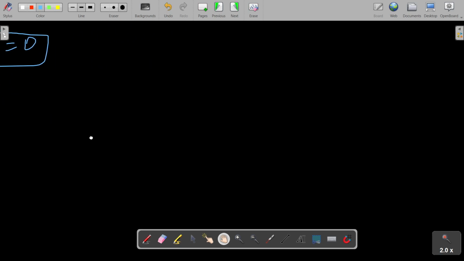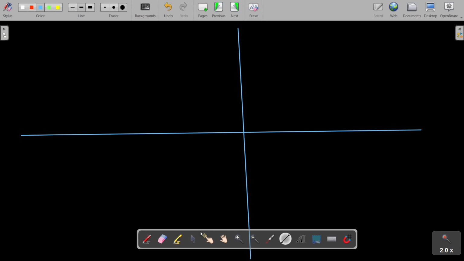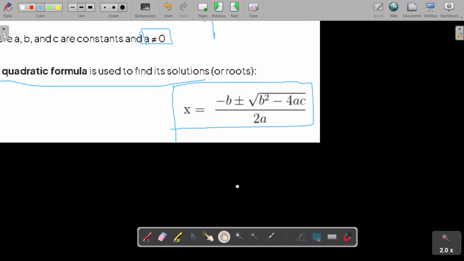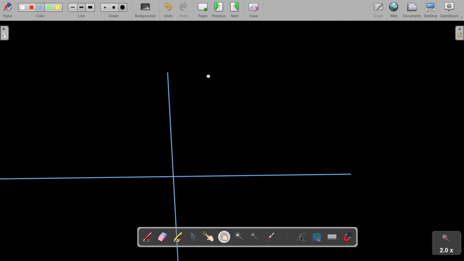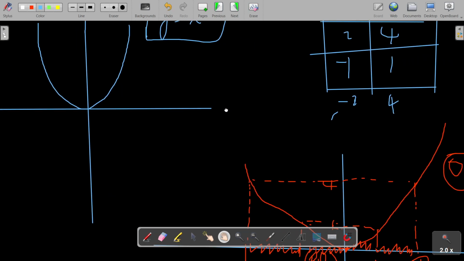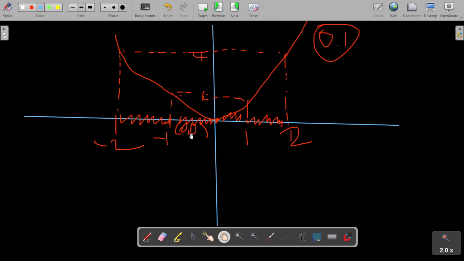That means if I plot the graph, let's plot the graph. The solutions are basically where this curve coincides with the x-axis. In the y is equal to x squared equation, it is coinciding at 0 comma 0.